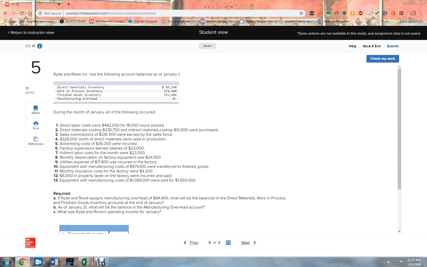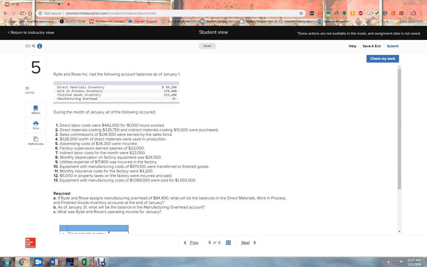Let's look at the first part of our required portions here. If Ride and Row assigns manufacturing overhead of $84,400, what will the balances in the direct materials, work in process, and finished goods inventory accounts be at the end of January? So now we're looking for inventory, so we're looking for production costs to go into those 3 inventory types.